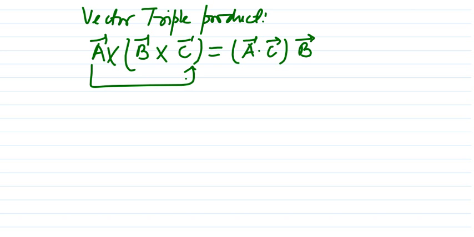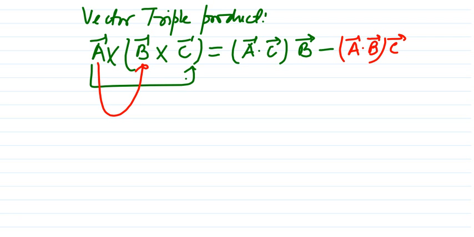Means the ordinary multiplication between the dot product and vector B, minus, and then take the dot product of A and B and ordinary multiplication of this value with the vector C.